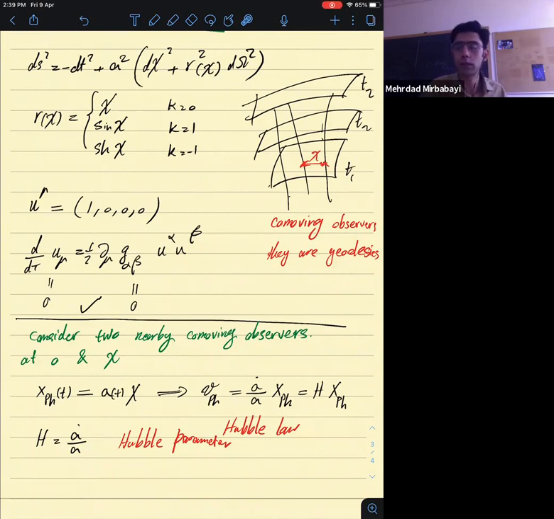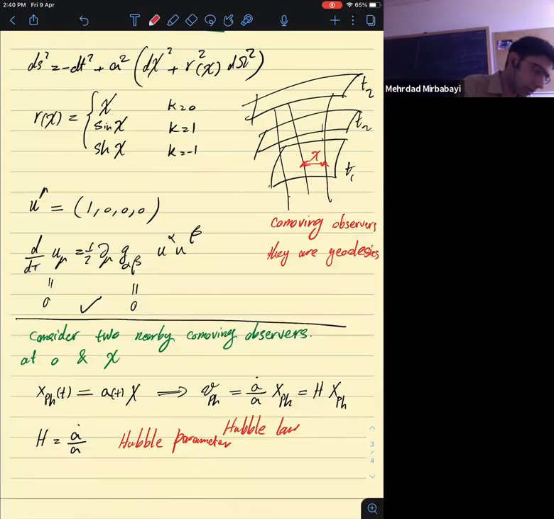So for our universe, the natural units to measure this quantity is kilometers per second, because the astrophysical objects have typical velocities which are of order of tens of kilometers per second, and the typical distance for cosmology is megaparsec.